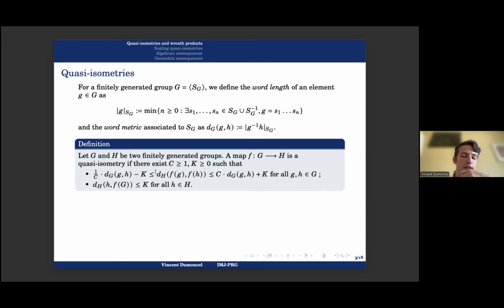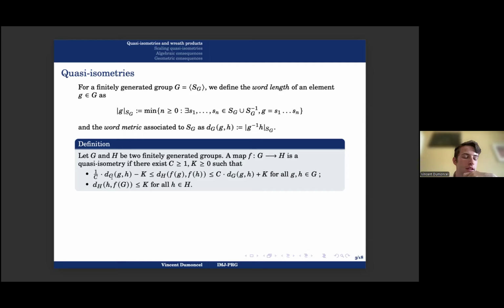So when the map F satisfies the first point, we call it a quasi-isometric embedding. And to ensure invertibility, a way of inverting the map in some category, we add the second point, which is a condition of quasi-density of the image in the target.